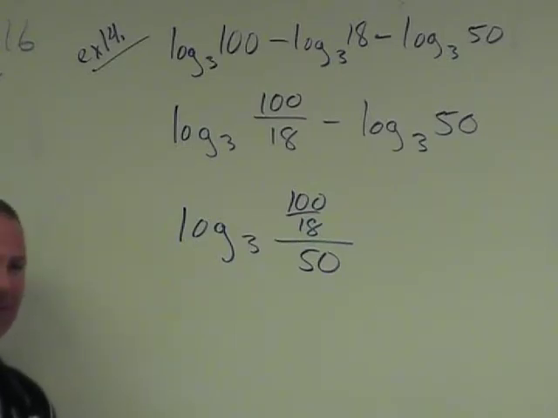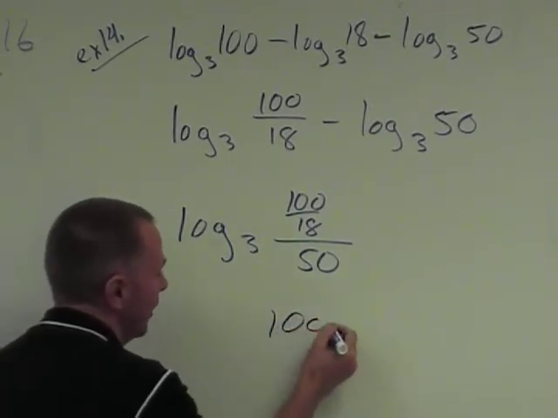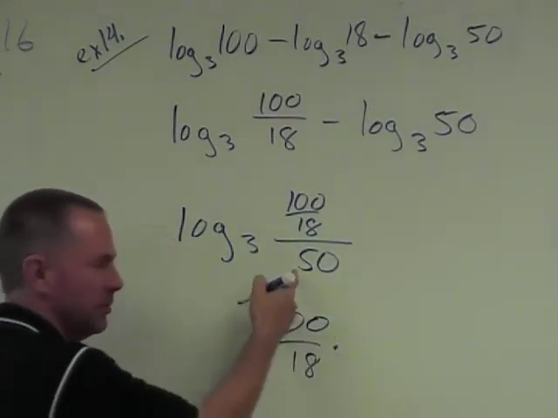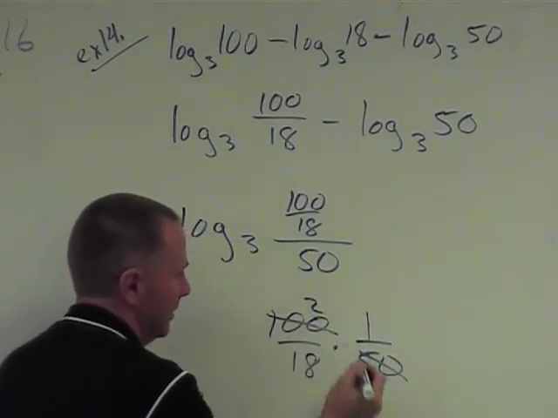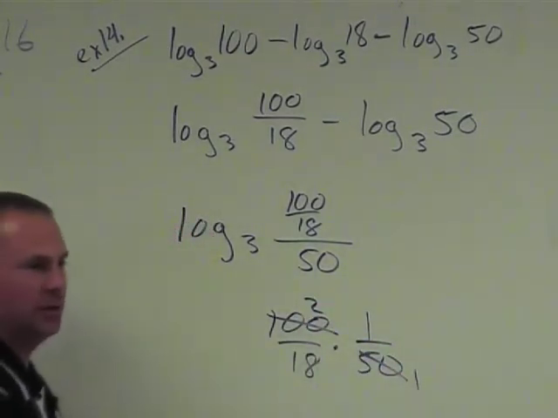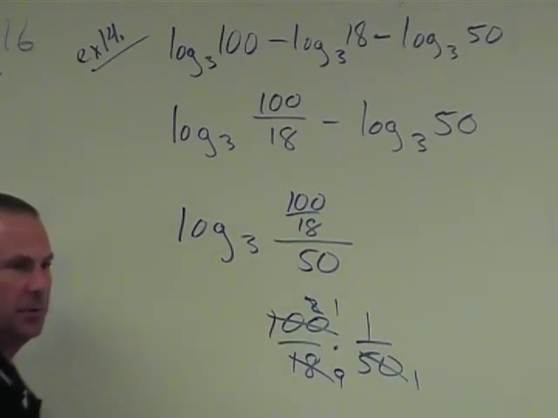Divide 50 by 100 and get 2 divided by 2 by 18. Take 100 over 18 and multiply it by the reciprocal of 50. Those reduce. You can also reduce the 2 over 18. So what do we end up with?